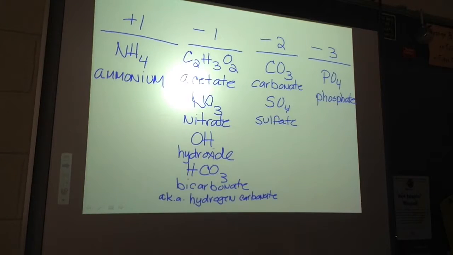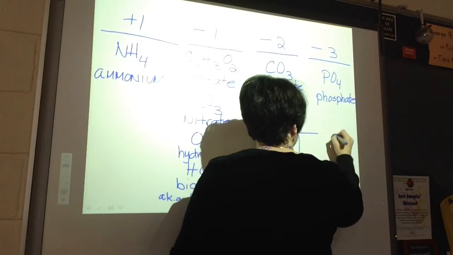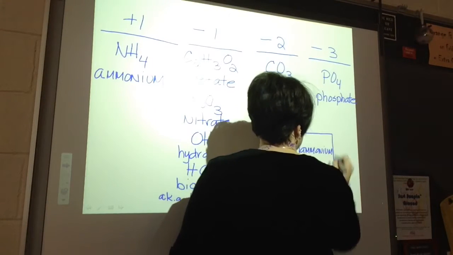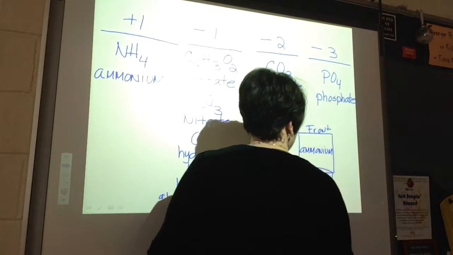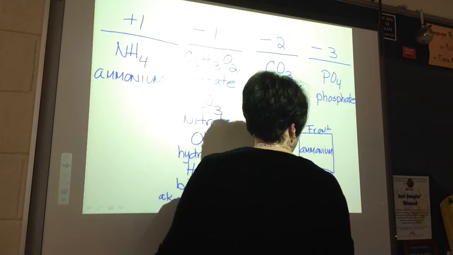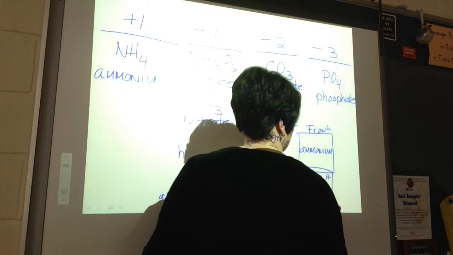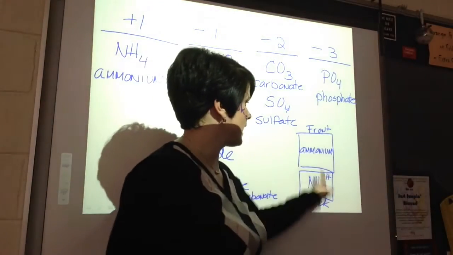If I was making one for ammonium, I would have ammonium on the front, and on the back, NH4 with a 1+. Do you follow what I'm saying? You have to know the name, the formula, and the charge, frontwards and backwards.